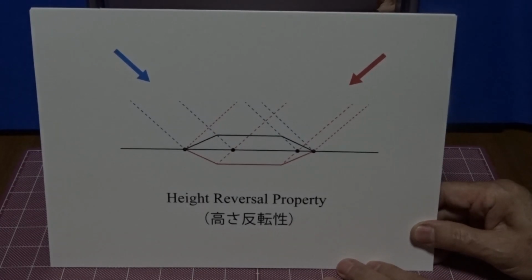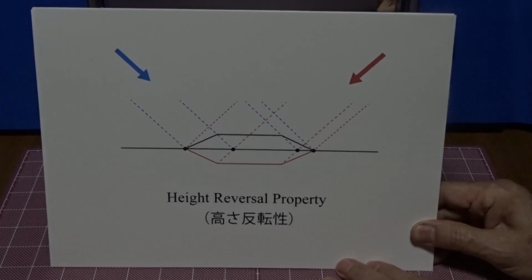In other words, we say that when we see the horizontal picture in two directions, the blue arrow and the direction represented by the red arrow, then we perceive mutually height reversed surface structure. This is a very general property, and we call it the height reversal property.